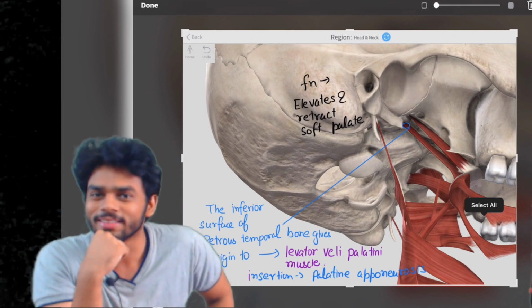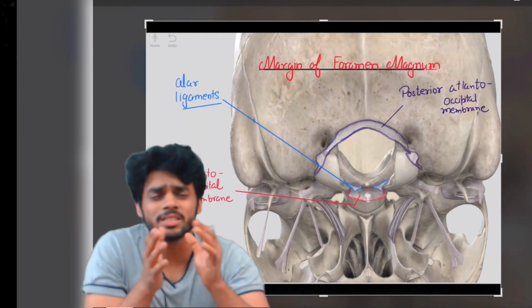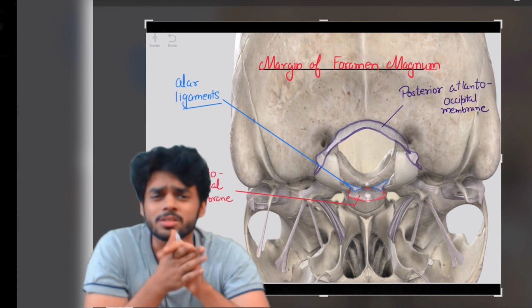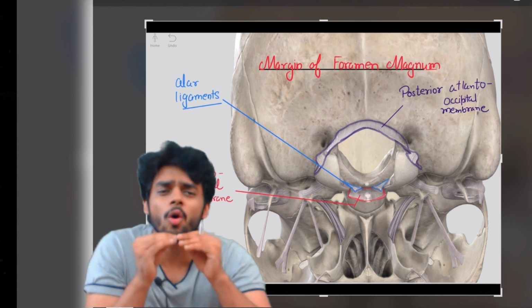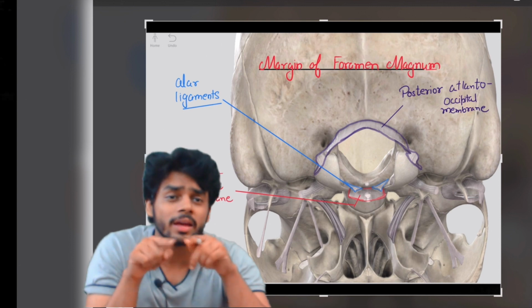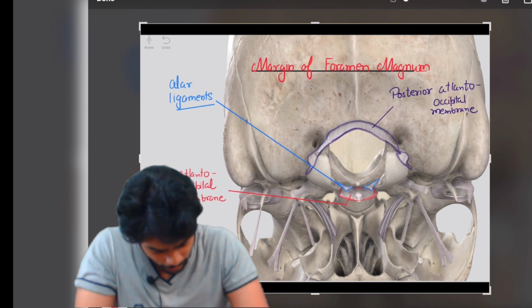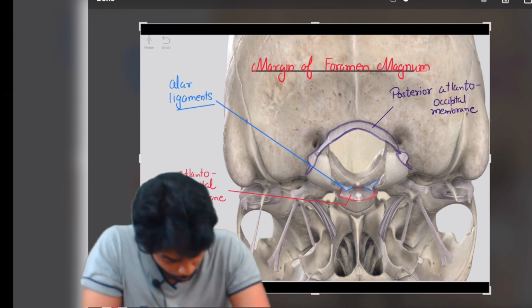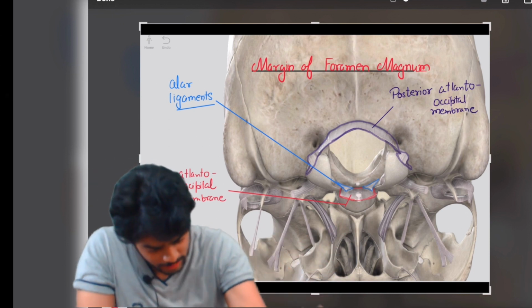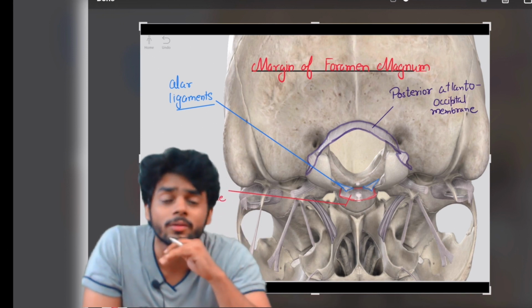Am I clear? Okay. Now we are going to talk about the margins of the foramen magnum, that is, the structures which are attached to the margin of the foramen magnum. First is the anterior atlanto-occipital membrane, which is attached anteriorly, on the anterior border of the foramen magnum, as you can see on the screen. Then you can see the posterior atlanto-occipital membrane on the posterior border.